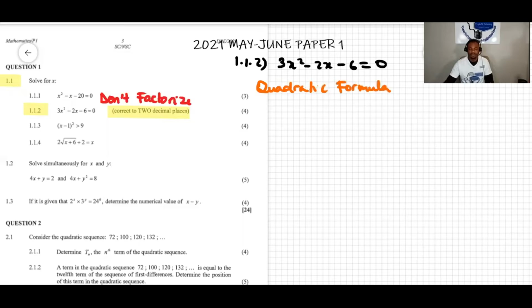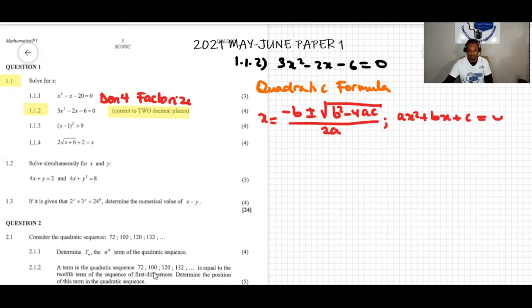We do know that the quadratic formula is given by x is equal to minus b plus minus square root of b squared minus 4ac all over 2a, while the quadratic equation itself is ax squared plus bx plus c equal to 0.